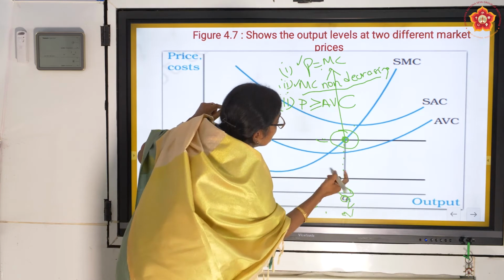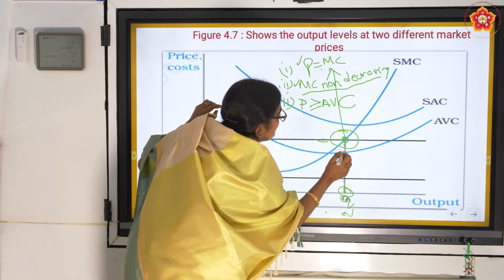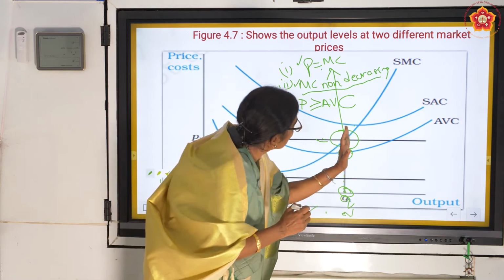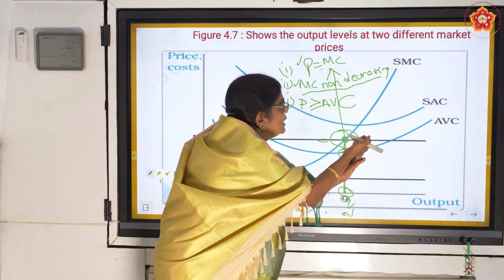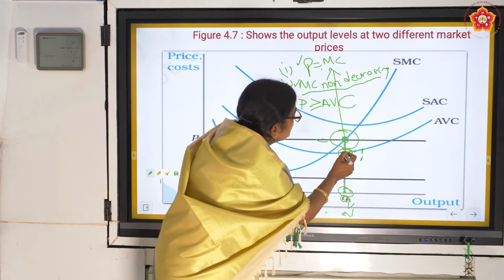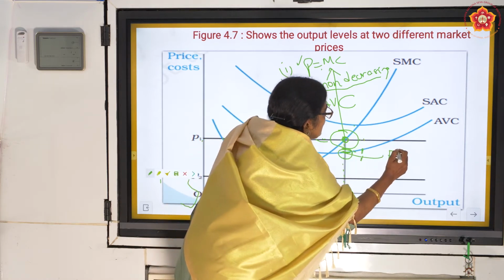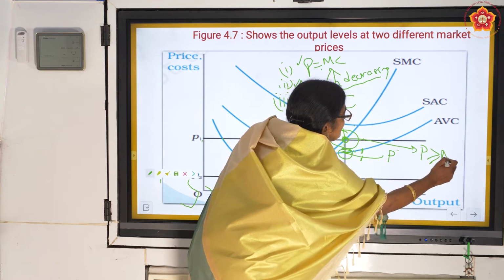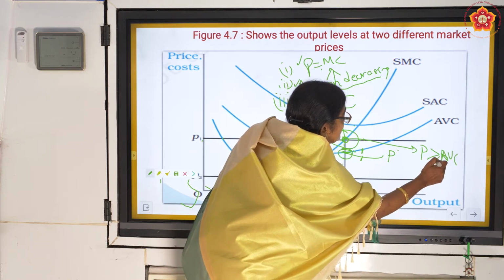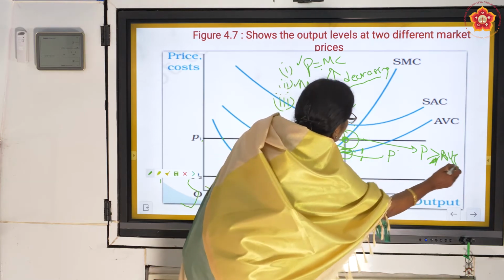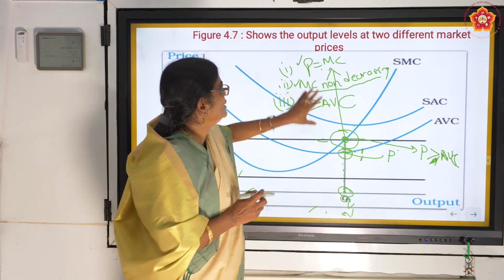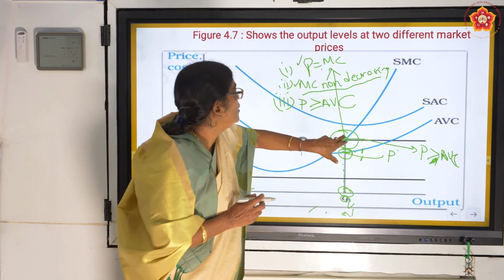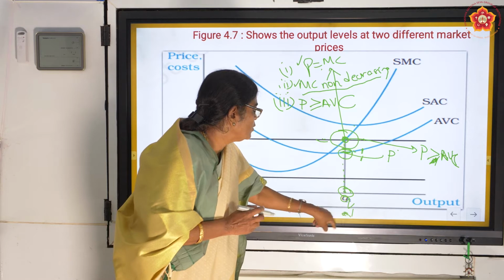At this level you see where the AVC curve cuts, at this point, at this line, AVC is below the price line. Therefore, this condition also is fulfilled, that is, the price line at this point exceeds AVC. Not equivalent, P greater than AVC. Therefore, we can say all three conditions are fulfilled at this point for the profit maximizing level of output Q1.